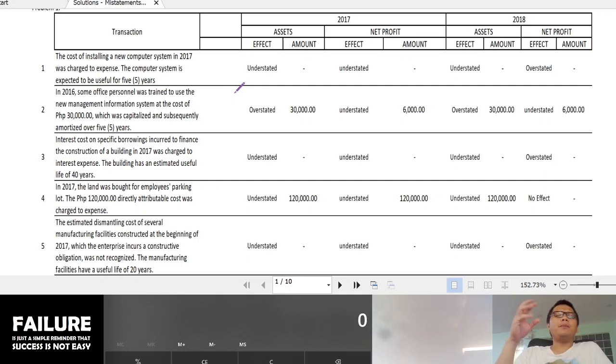However, the company erroneously charged this to expense in 2017.